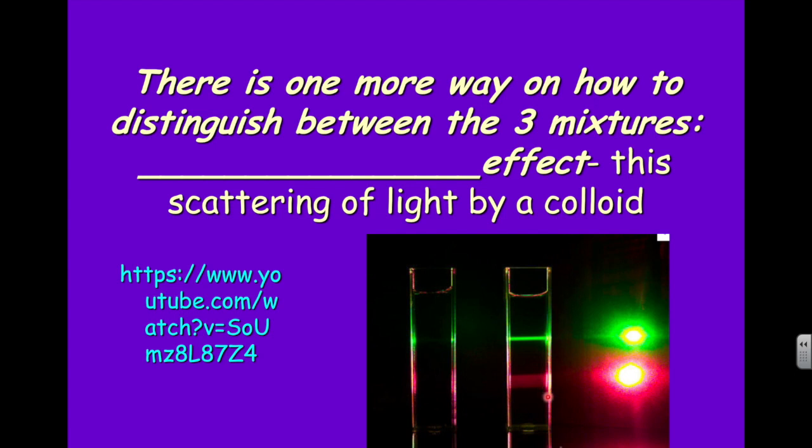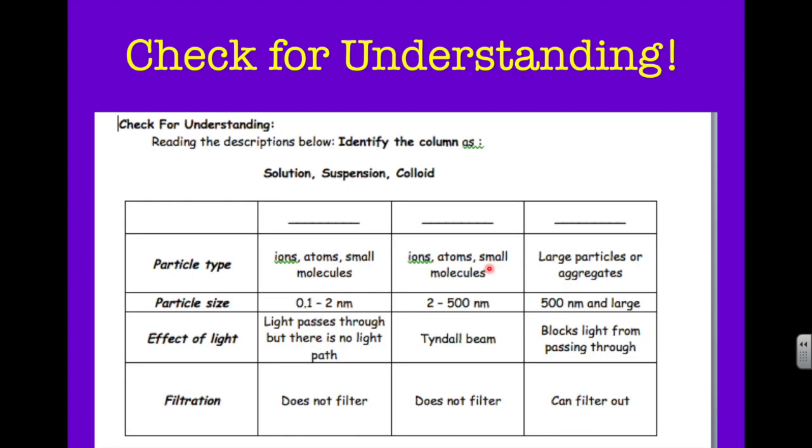But if you put a little bit of soap in that water, mix it around, and you get soapy water, then all of a sudden you'll see the actual line or the beam of light that travels through that. And what you have made is a colloid. So this would be soapy water, and this would be just normal water. Now, the reason for this little beam of light is called the Tyndall effect. Okay, it's a scattering of light. Super cool.